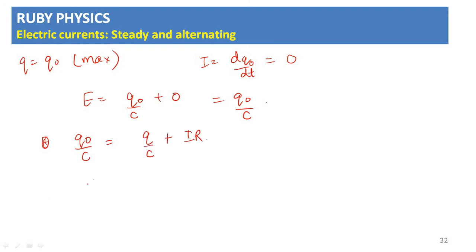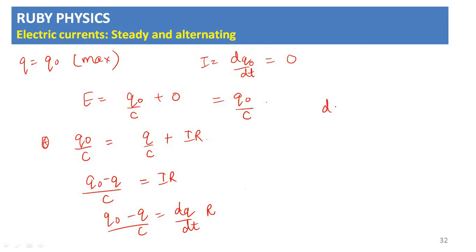Then Q naught minus Q upon C is equal to IR, and we can write I is equal to dq by dt, so it will be dq over dt into R. Our equation will become dq upon Q naught minus Q is equal to dt upon RC.